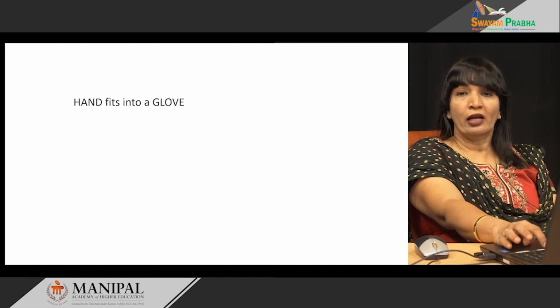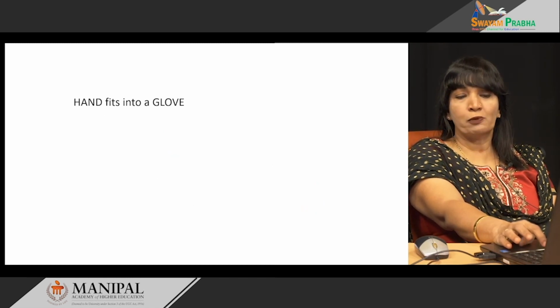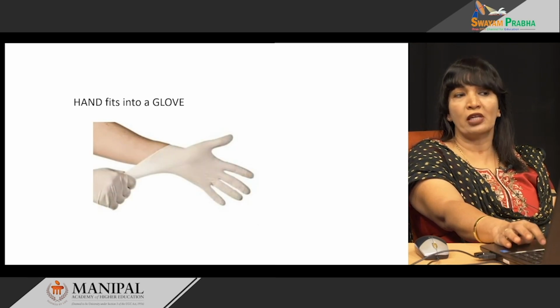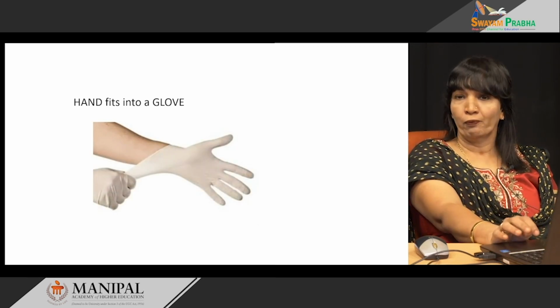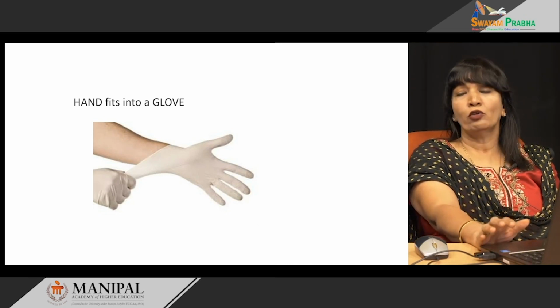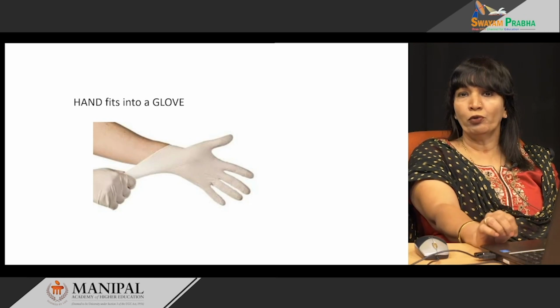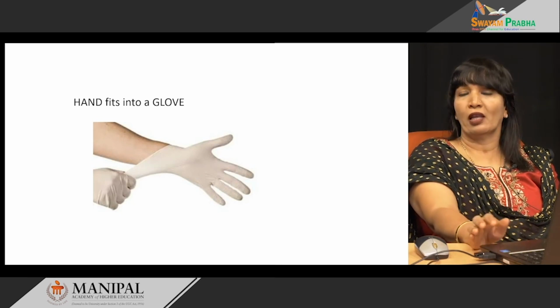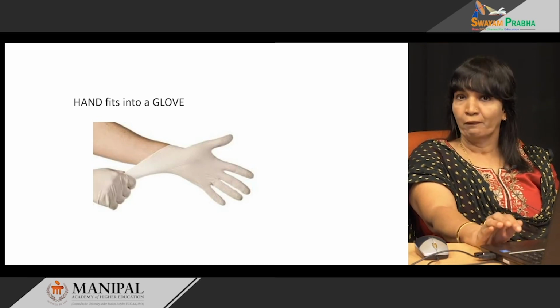So, a classical example to explain this is exactly how a hand goes and fits into a glove. See, there could be a very small glove and the hand could be huge, but what do you try to do? Somehow you try to push in the glove to all your fingers and make the glove fit into your hand.